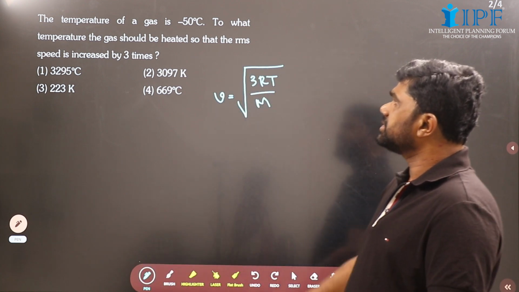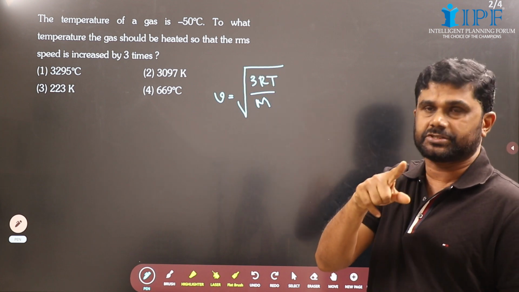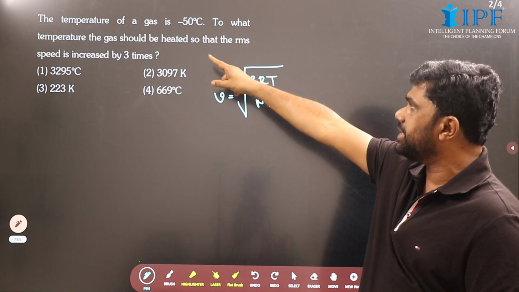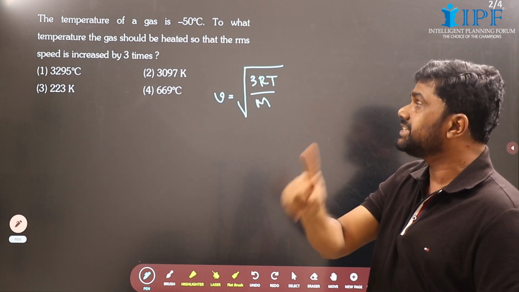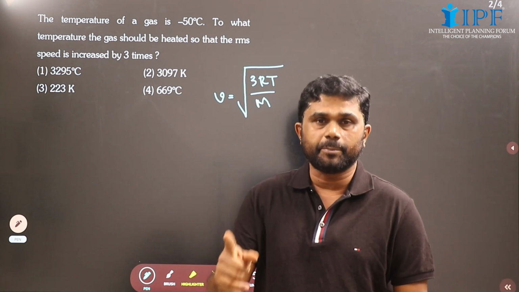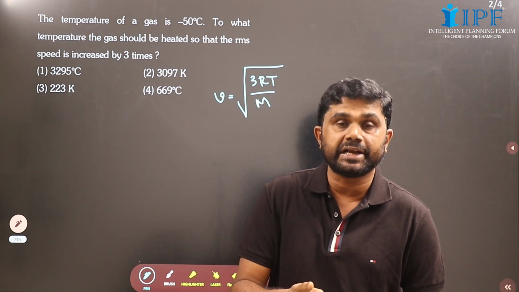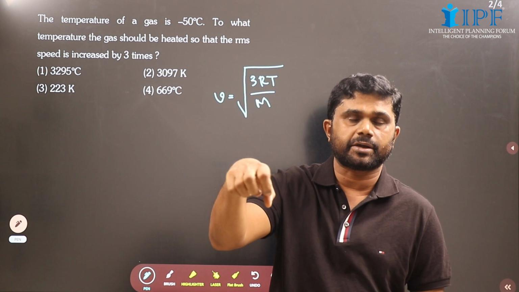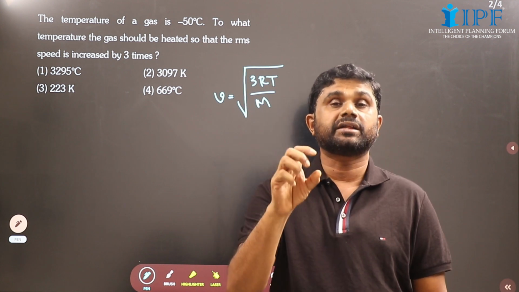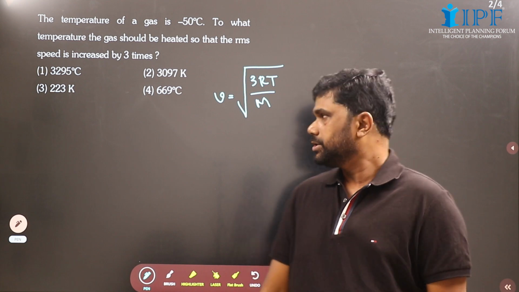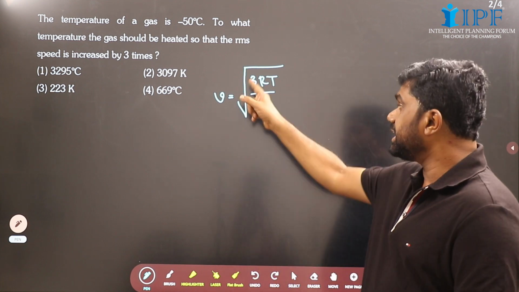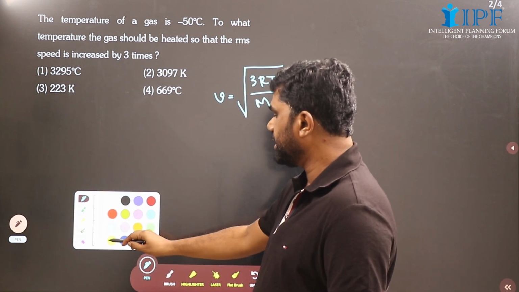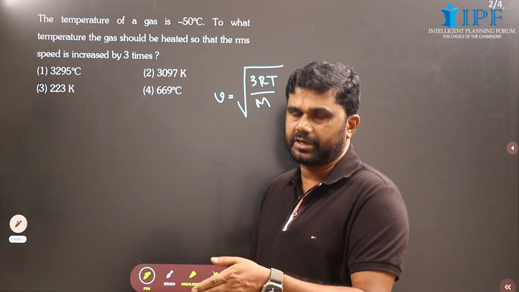Now the initial temperature of the gas is minus 50 degrees Celsius. To what temperature should the gas be heated so that the RMS speed is increased by 3 times? Here we are going to vary the temperature, and accordingly the RMS speed will vary. The variables are only the temperature and the RMS speed. All other factors are constants, so M will not change, 3R will not change. We are considering 2 cases, initial and final.